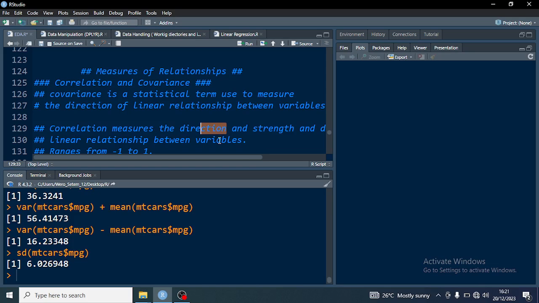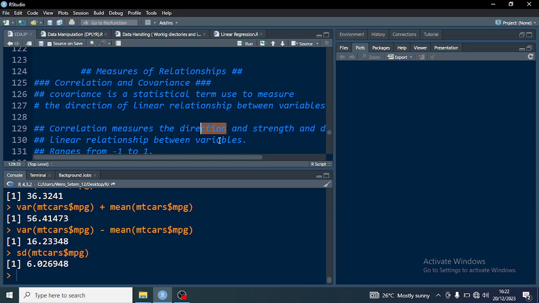So both the correlation and covariance measure the relationship between various variables.